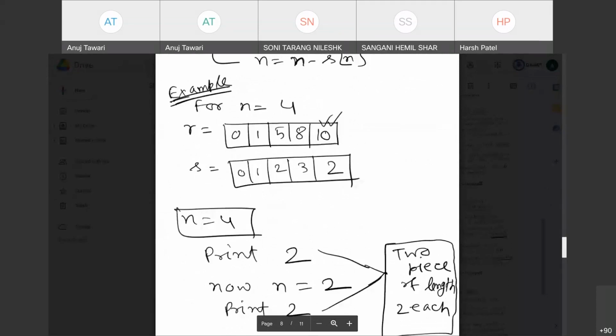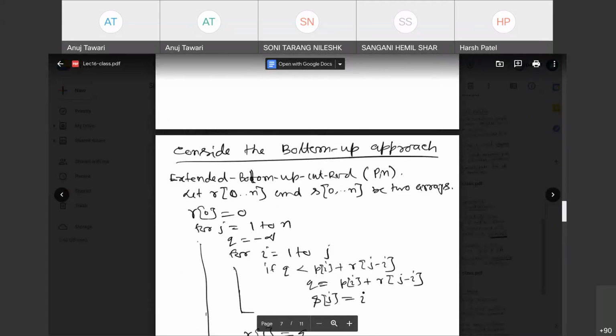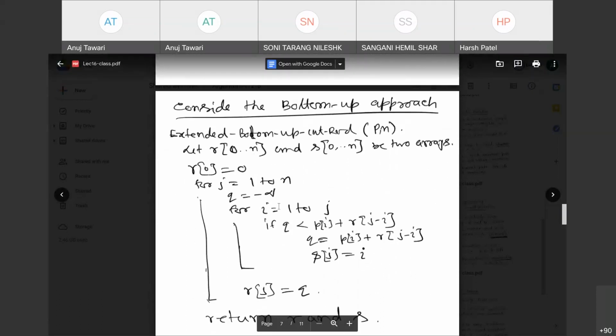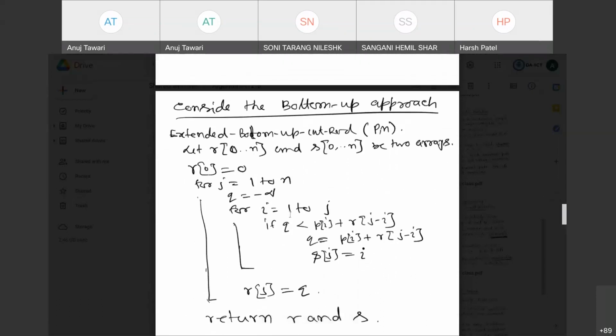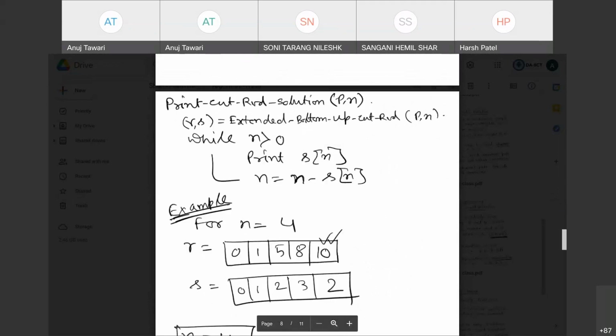Even in this problem, let me show you, what we did was for i from 1 to j. In this approach it's not, but I'll show you some other examples where it turns out to be space efficient.